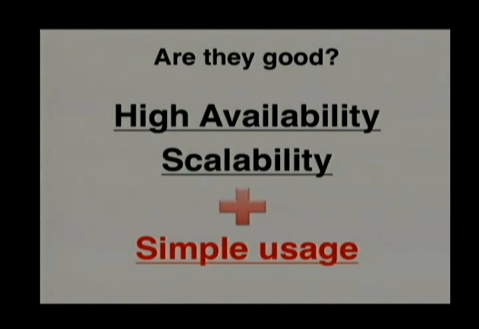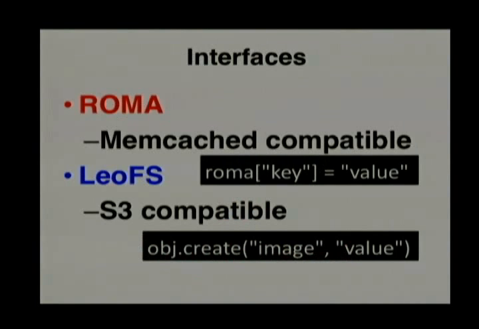Maybe some people think ROMA and LeoFS or some kind of OSS application is difficult, but it's not so difficult, because they have compatible interfaces. ROMA has a memcache compatible interface, and LeoFS has an S3 compatible interface.